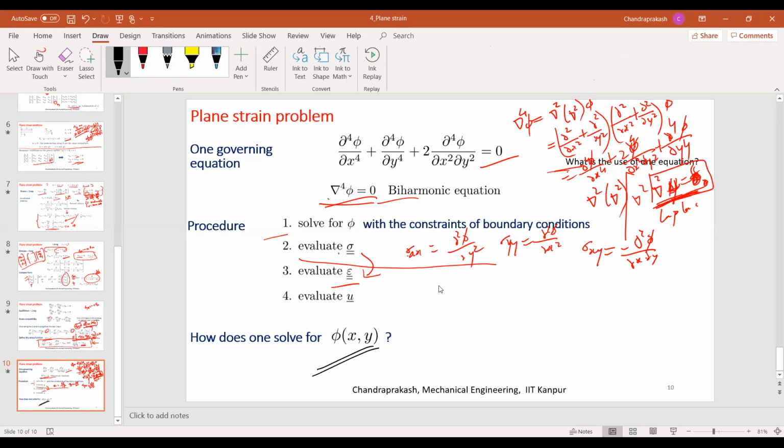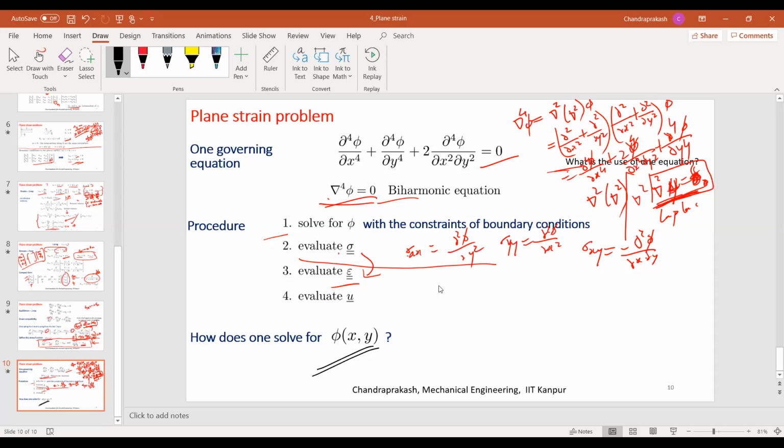And we also noticed in those structures, if the boundary conditions are the same at every cross section, very important. It's not enough if you have a long structure. You have a long structure whose cross section is the same everywhere, whose boundary conditions are the same at every cross section. Then such a problem can be converted to a plane strain problem.